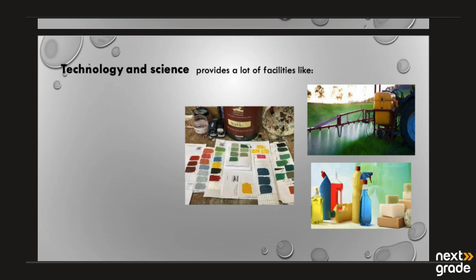Next, technology and science also provide us a lot of facilities. What type of facilities do they provide? For example, the importance of petrochemicals. Now, what are petrochemicals? Petrochemicals are petrol and diesel.